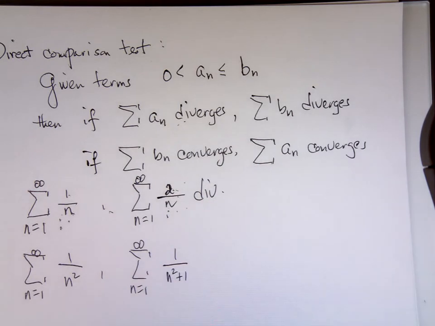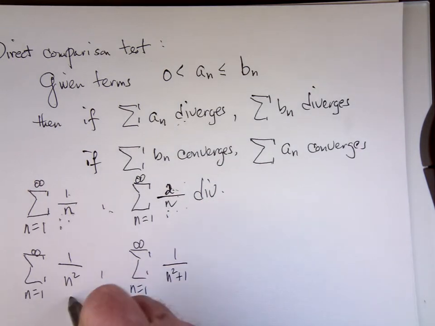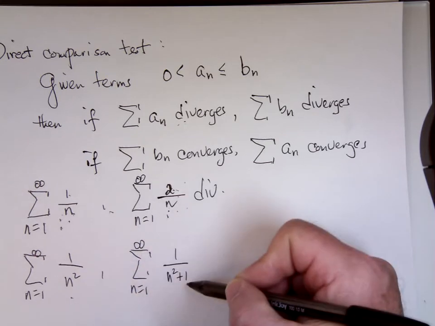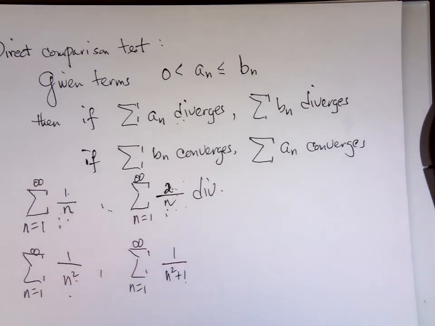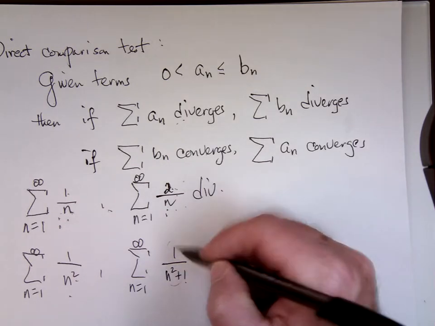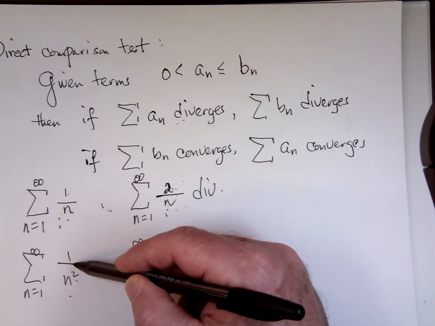It's a p series where p is 2. How are these terms related to those terms? They're smaller, because when you add 1 to the denominator, the denominator is bigger and the terms are smaller. So these terms are less than these terms. Okay? So this is a converging series.